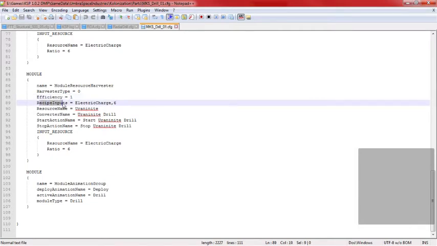Recipe inputs. This is what it takes to run the drill itself. Most drills will use electric charge, and that is the number of units per second. You can, of course, if you're running your own custom advanced generators, use thermal power to run your drills.